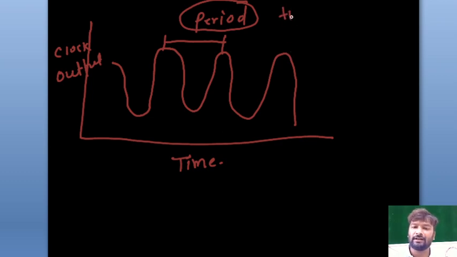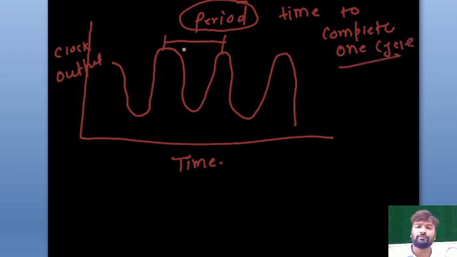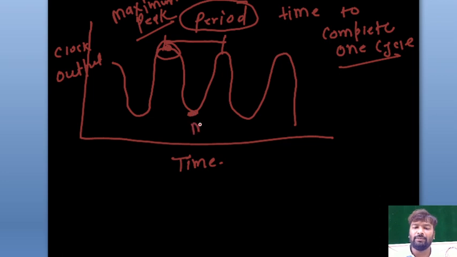Period is the time to complete a cycle. This is the maximum, known as peak, and this is the minimum point of an output, also known as trough.